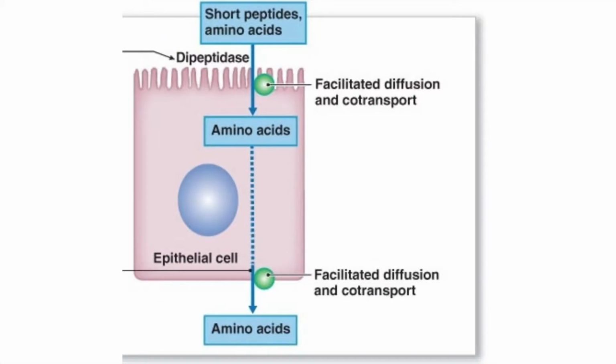Next we'll talk about protein digestion. So again, protein digestion into amino acids is completed by brush border enzymes, just like carbohydrates. And from that we get amino acids.